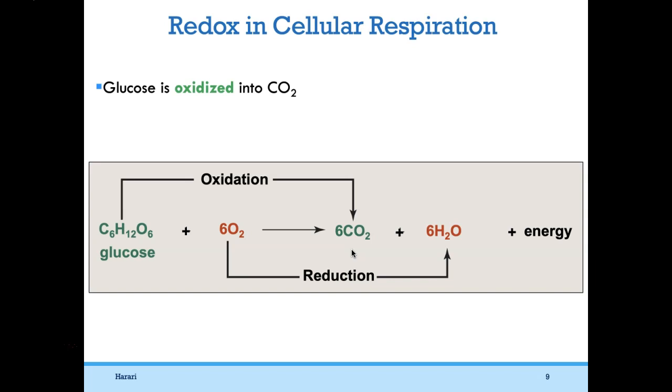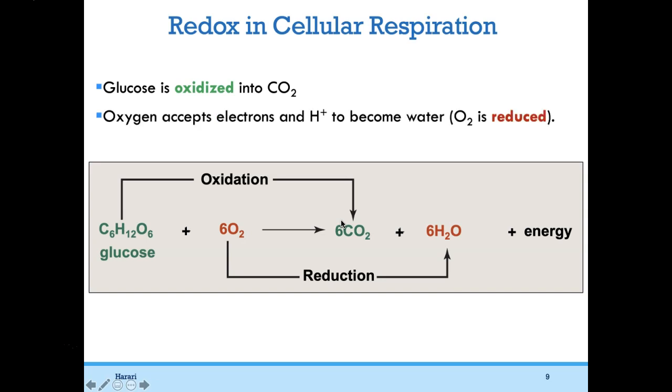It's breaking down. So glucose is losing hydrogens and electrons, and breaking down into carbon dioxide gas. Oxygen accepts electrons and protons and becomes reduced into water. So oxygen gets reduced into water, glucose gets oxidized into CO2.